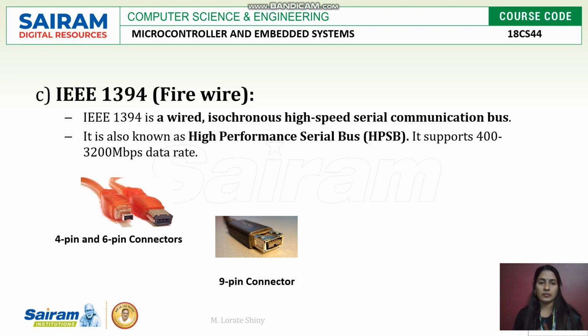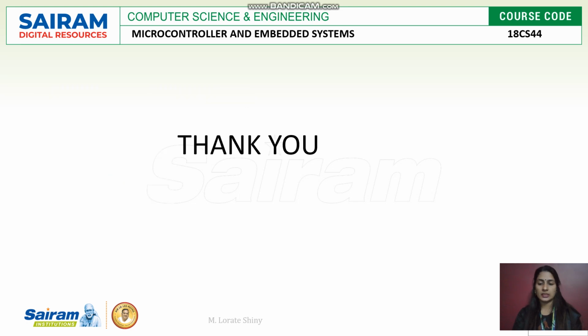Here we have three types of connectors: 4-pin, 6-pin, and 9-pin connectors. Out of these three, the 4-pin and 6-pin connectors also carry power to support the external device, and can supply unregulated power in the range of 24 to 30 volts. Thank you.